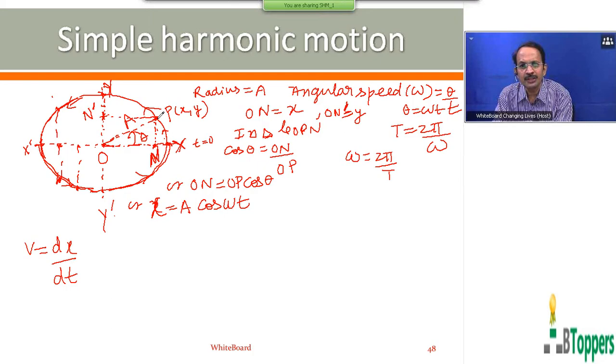The velocity of the particle moving in the circular path has magnitude equal to the radius of the circular path into omega, that is a omega. It acts along the tangent to the circular path.